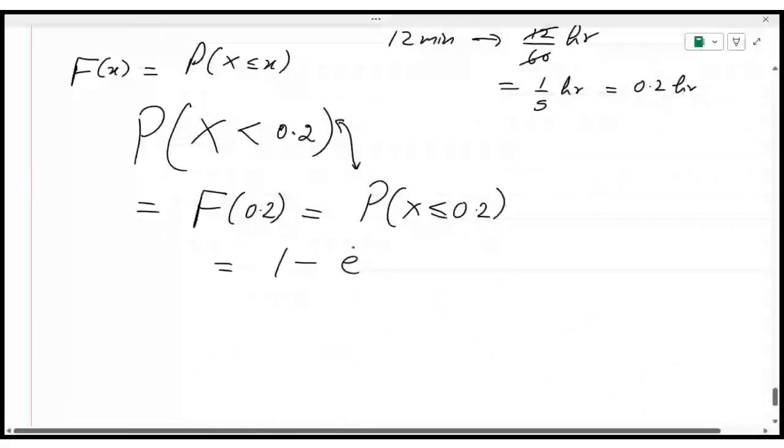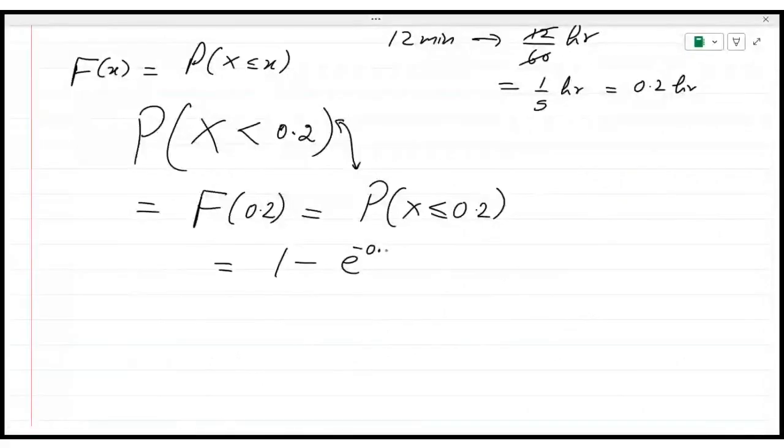So 8 into 0.2 is 1.6, so that is 1 minus e power minus 1.6.